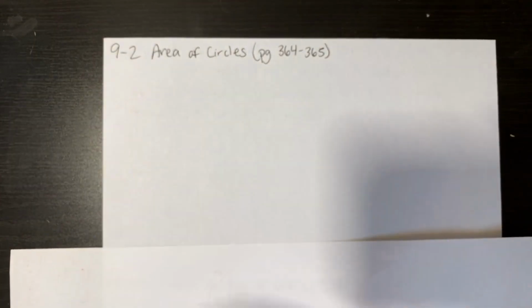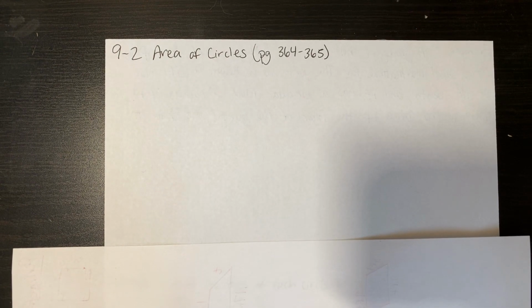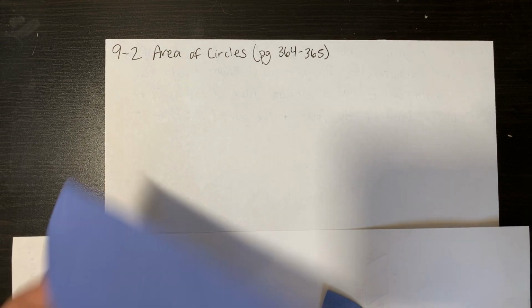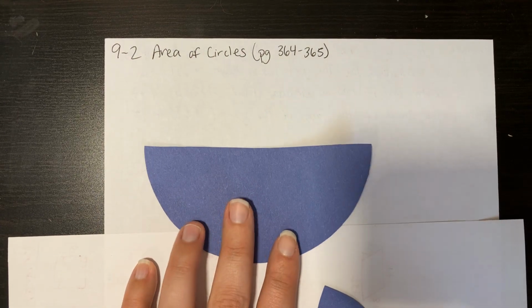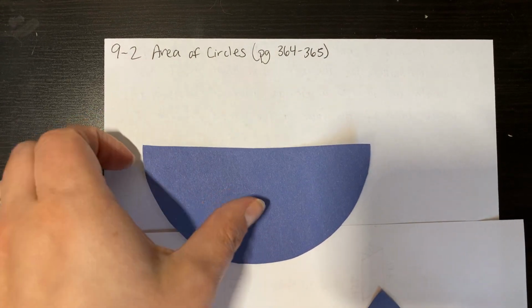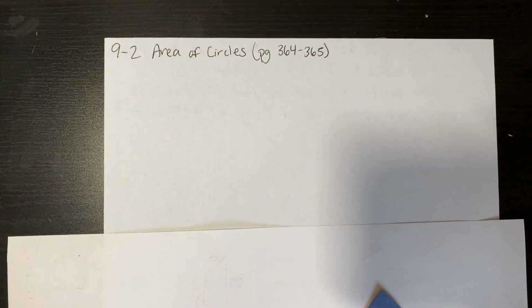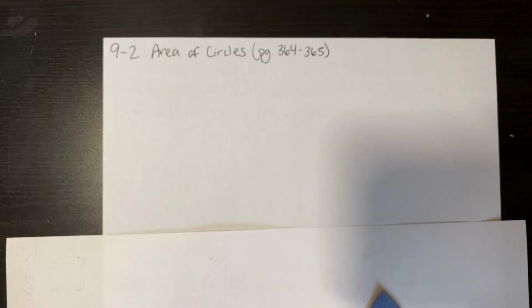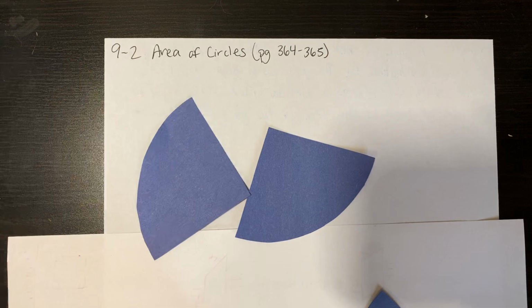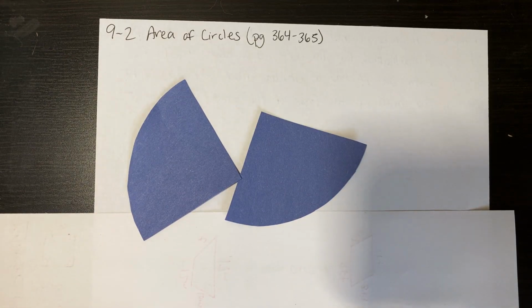Okay. All right, so the first thing I do, you can't see it because I am not skilled enough to cut under the camera. I cut my circle in half, and now I'm going to cut it in half again so that I have 4 pieces of my circle. Okay.